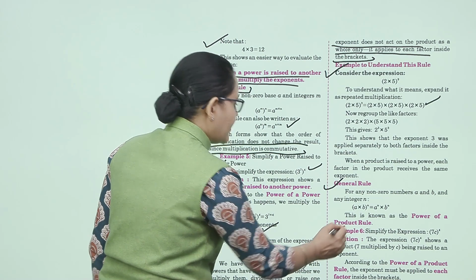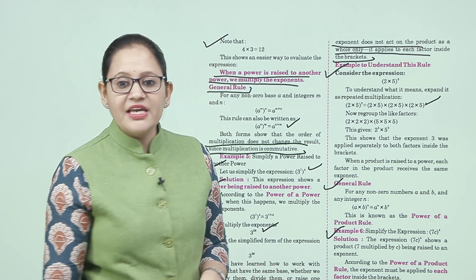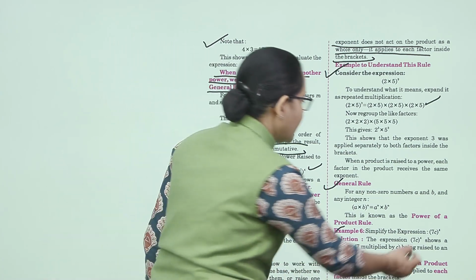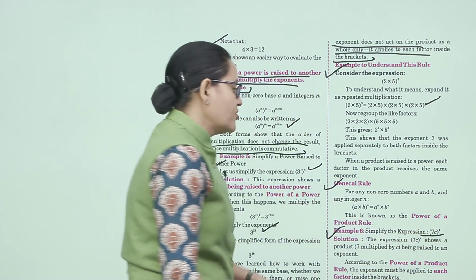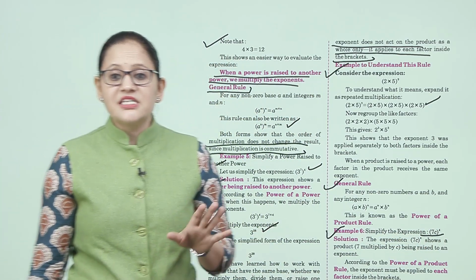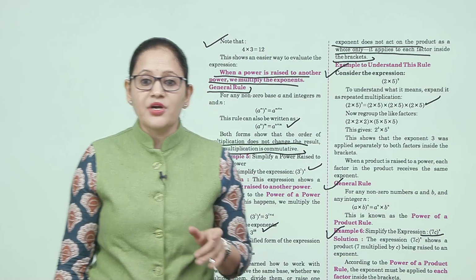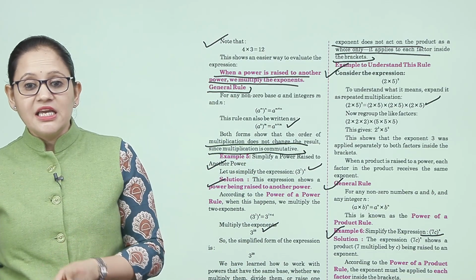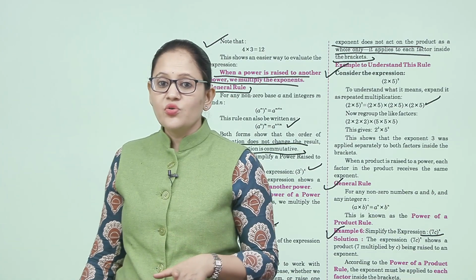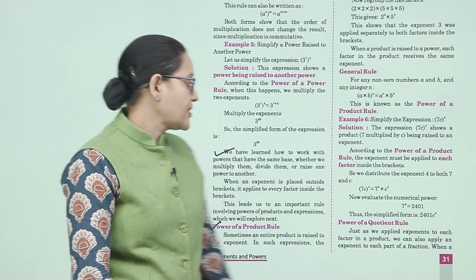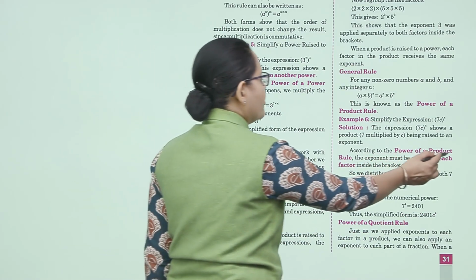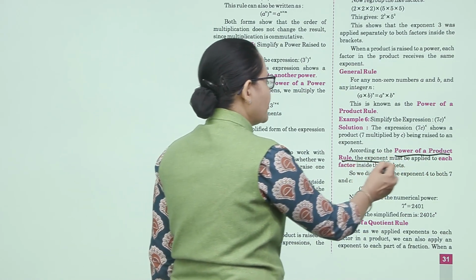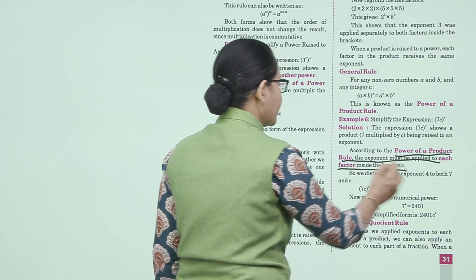So here we will take an example. Simplify the expression (7c) to the power 4. Solution: the expression (7c) to the power 4 shows that the product 7 multiplied by c is being raised to an exponent. So according to the power of the product rule, the exponent must apply to each factor inside the bracket.